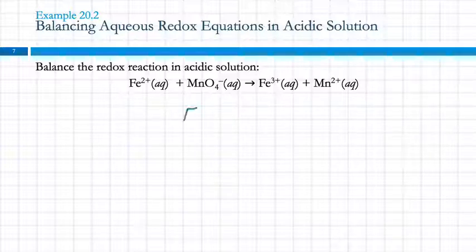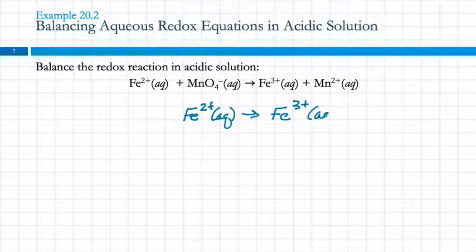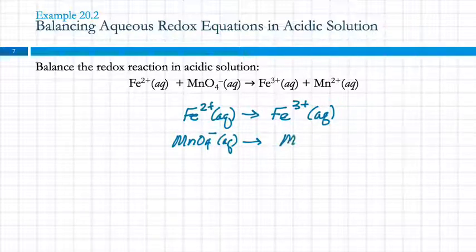So I've got Fe2+ aqueous, making Fe3+ aqueous. And then the other one is the MnO4- aqueous and Mn2+ aqueous.